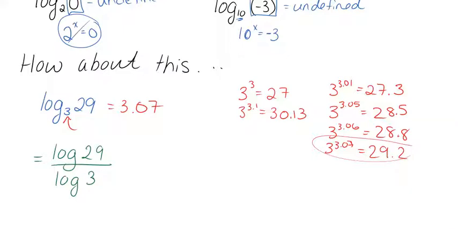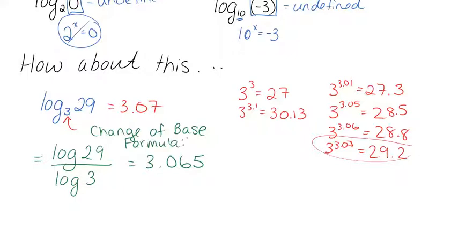And if you type that in on your calculator, log 29 divided by log 3, it would give you an answer of 3.065. So this is called a change of base formula, and I'm going to teach it to you later. I'm just giving you a little preview.